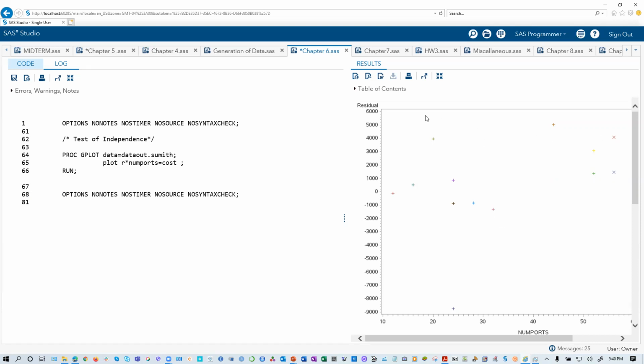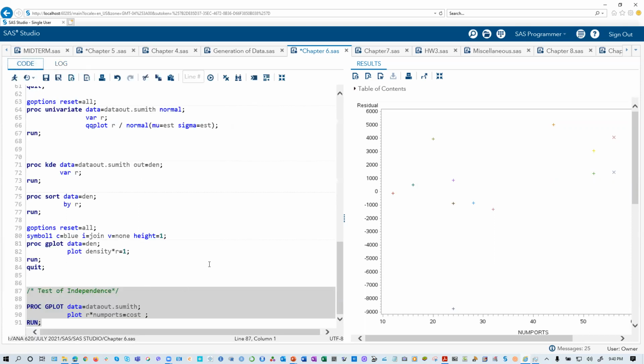If they fit into a band again, they are independent. If they go like a funnel type, they are non-independent. We very rarely see that kind of situation. Here, residual versus the number of ports for the cost.